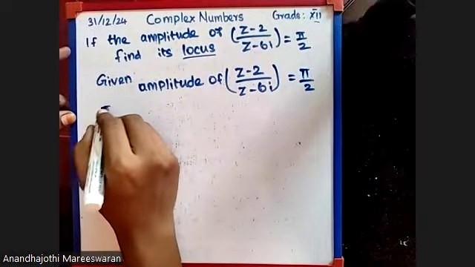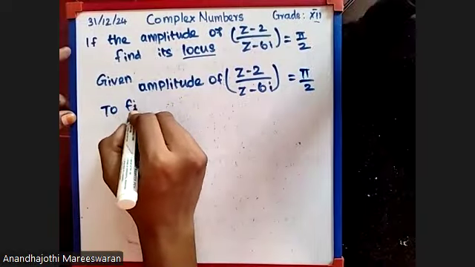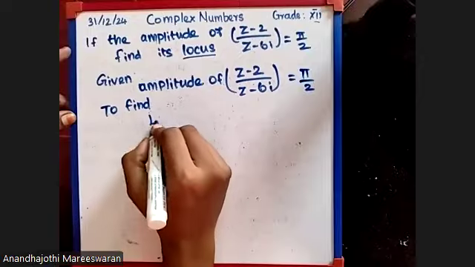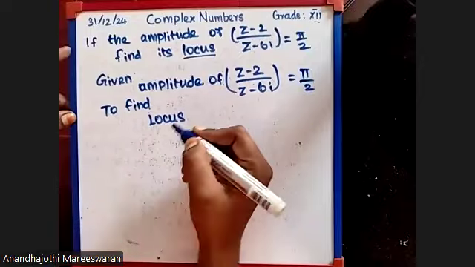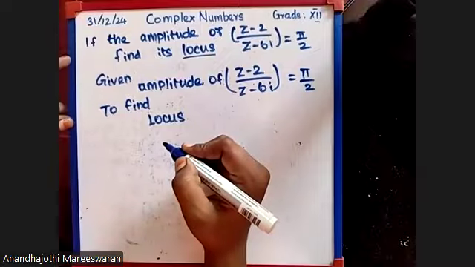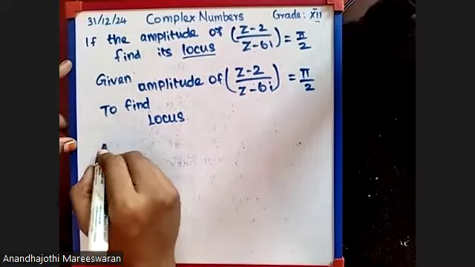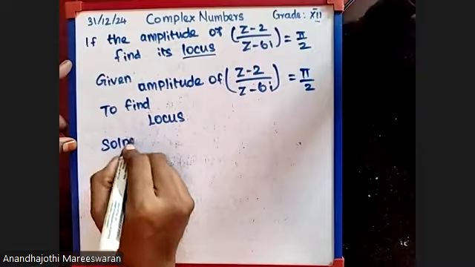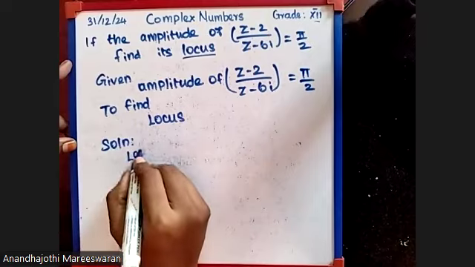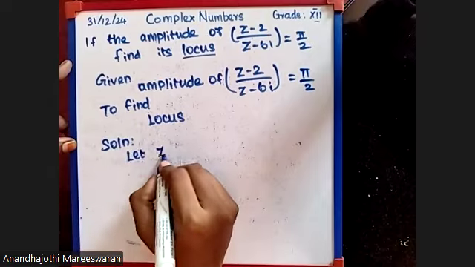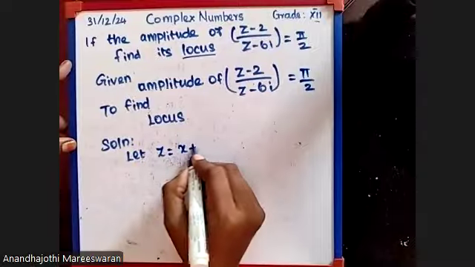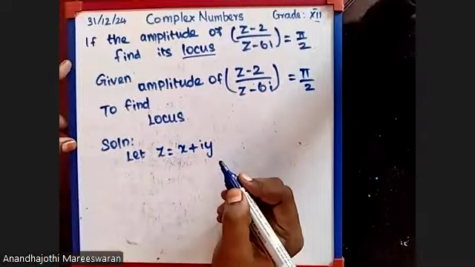What we are going to find here is the locus. Shall we start the solution? Yes. Solution. For that we take let z equals x plus iy.